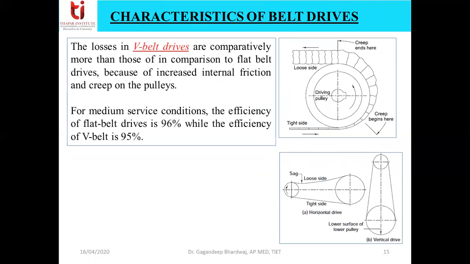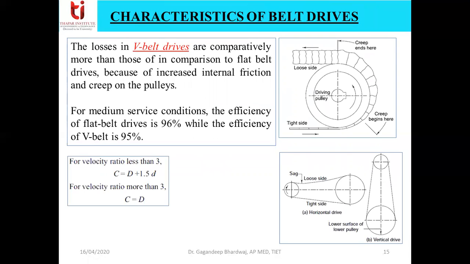Next is the characteristics of flat belt. In case of flat belt drive, there is the term creep. Creep is the relative motion of the belt when it passes over the pulley. While moving from tight side to loose side, this is your tight side, this is your loose side, the belt element is transferred from zone of high tension to zone of low tension.